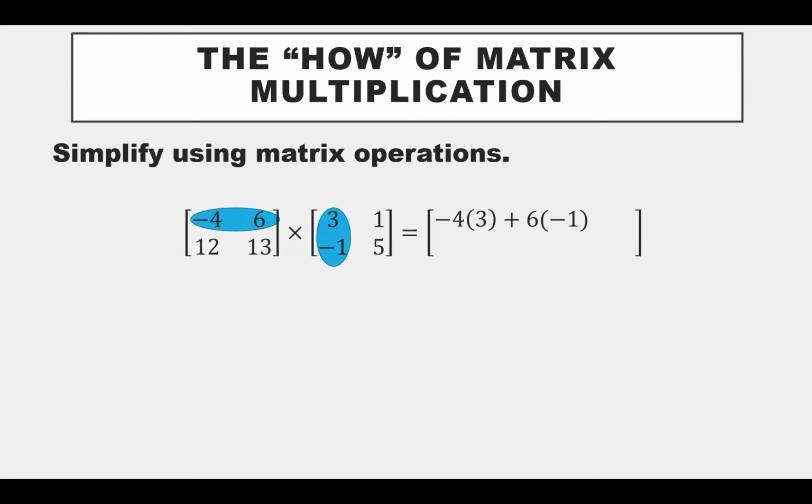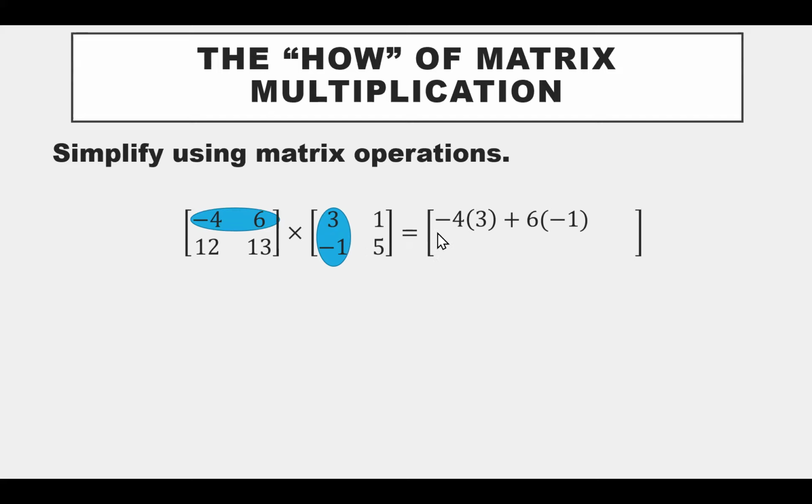So what's going to happen here is I'm going to take the row which contains -4, 6. That's the first row of my lead matrix. And it's going to multiply times 3, -1. That's the first column of my second matrix. So row 1 times column 1 is going to result in the 1, 1 entry.